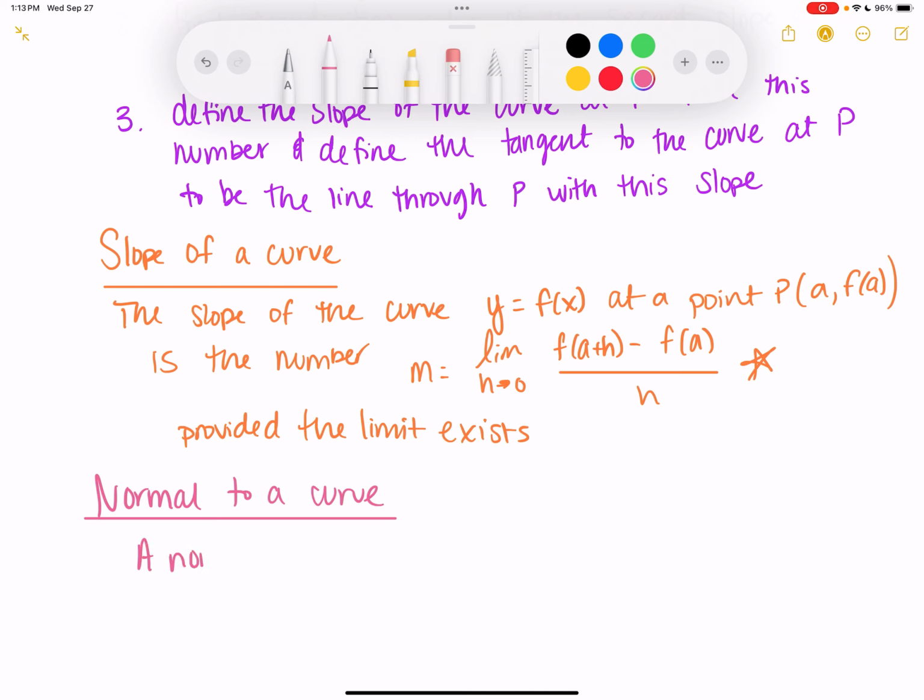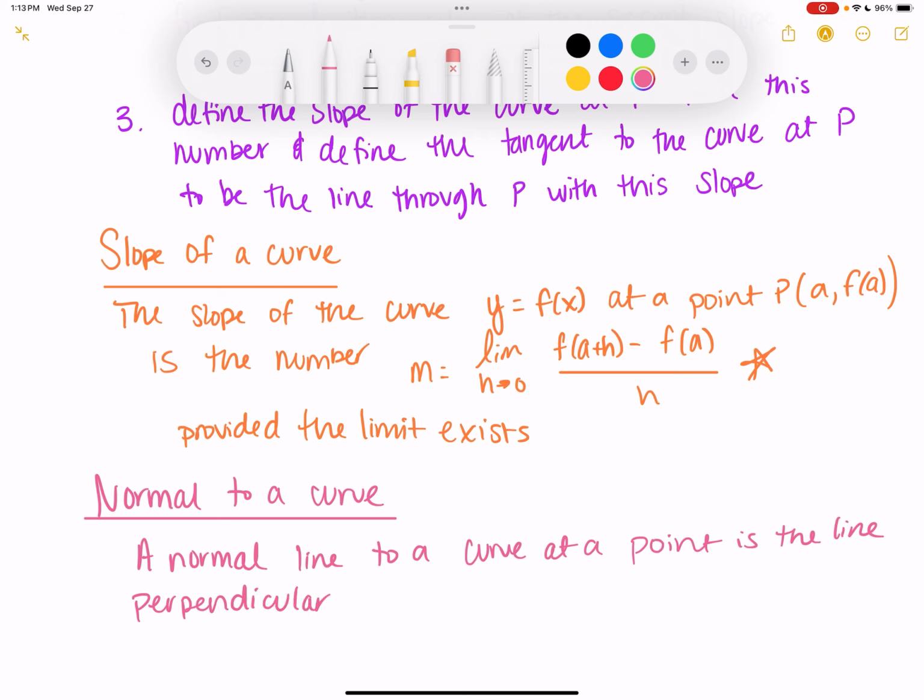So the normal line to a curve at a point is the line perpendicular to the tangent at that point. So in most every case, it'll ask you for the tangent and the normal. So you'll find the tangent, then you'll use the slope of the tangent, find the perpendicular slope, and then re-plug stuff in and essentially get the second line.